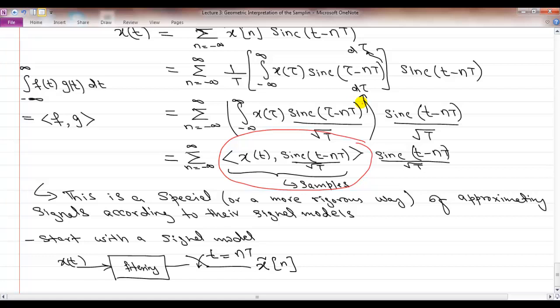Okay. So what we are going to do is move away from the classical view of sampling, which starts with band limited signals and goes all the way forward. We have taken a special case of sampling, which is band limited signals. We are now going to represent it in a more abstract fashion.